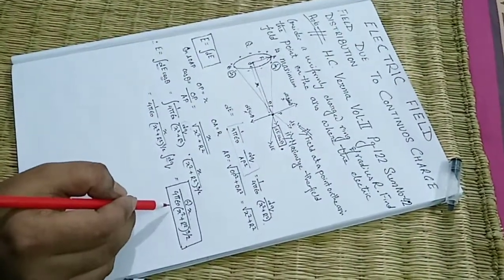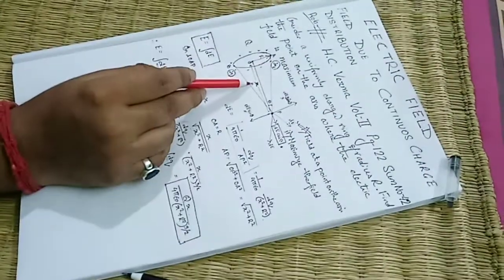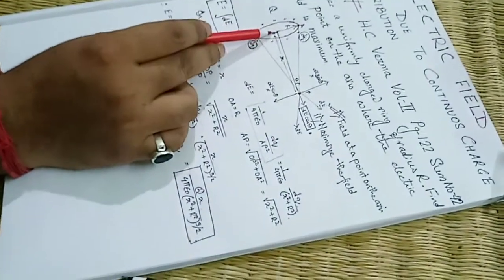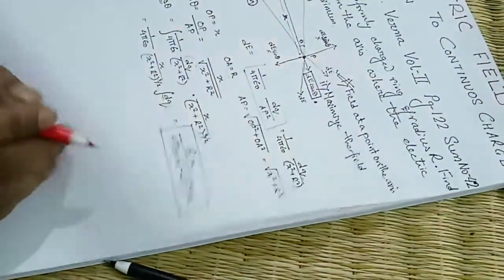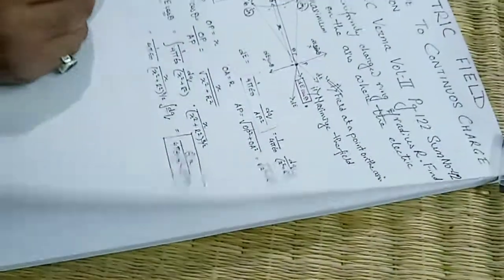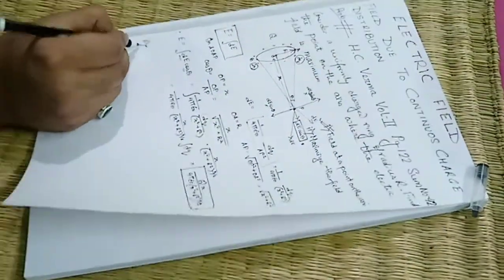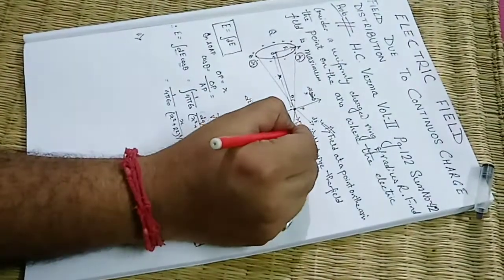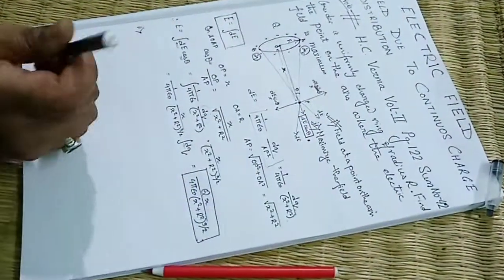This is the value of the field at a point P which is at a distance x from the center of the ring. Now what do we do? We go to the next step, that is maximizing the field. How do we maximize the field?